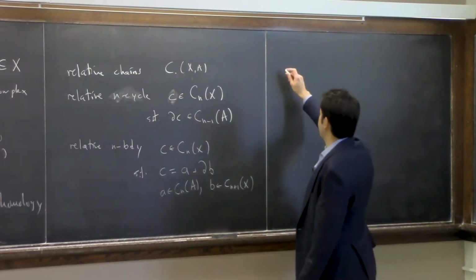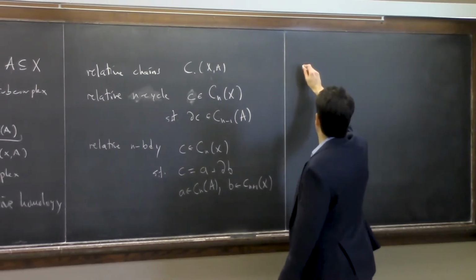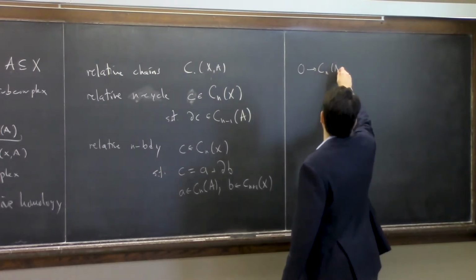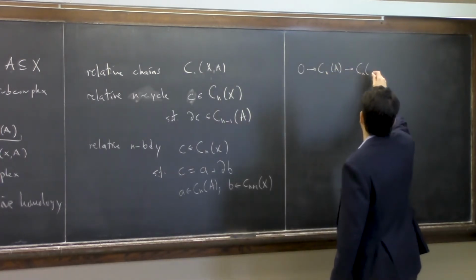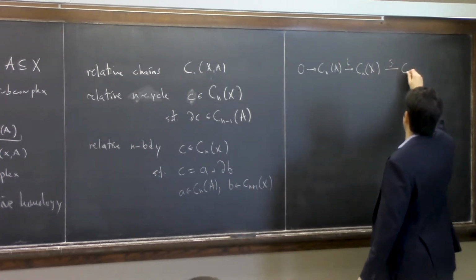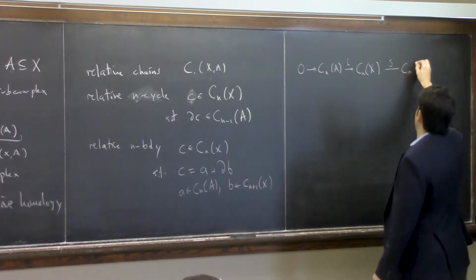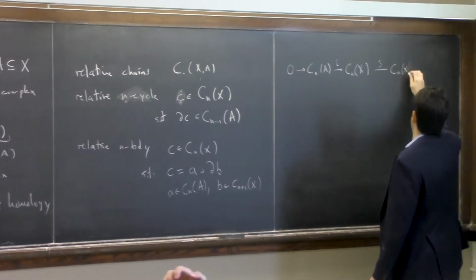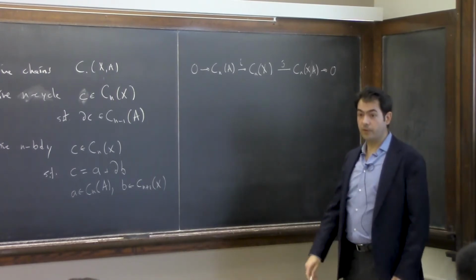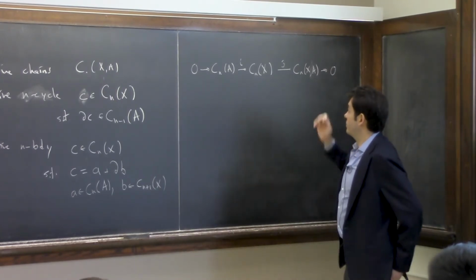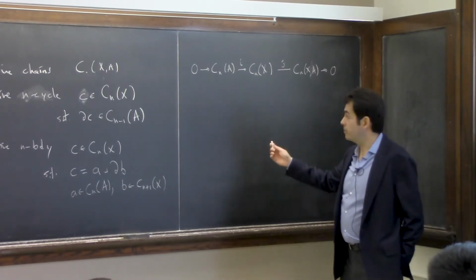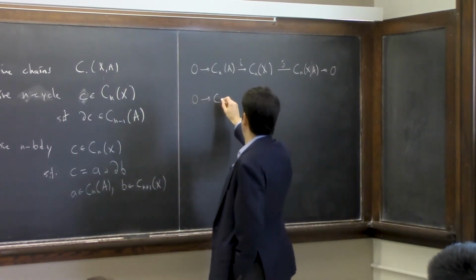So we have obvious maps from chains in A. These include into chains in X, and then they project to relative chains. This is clear for every group, but in fact it commutes with the boundary map.